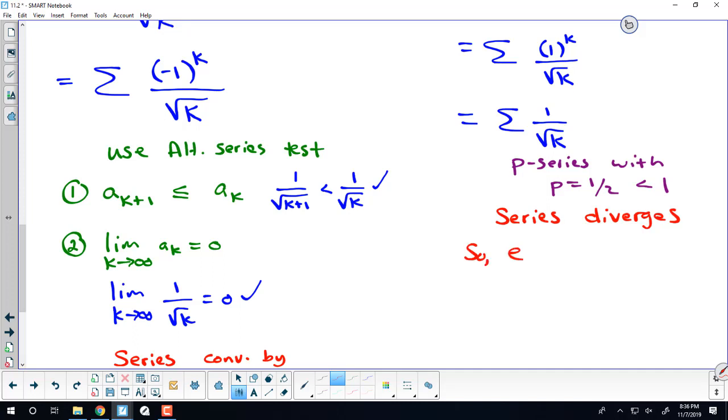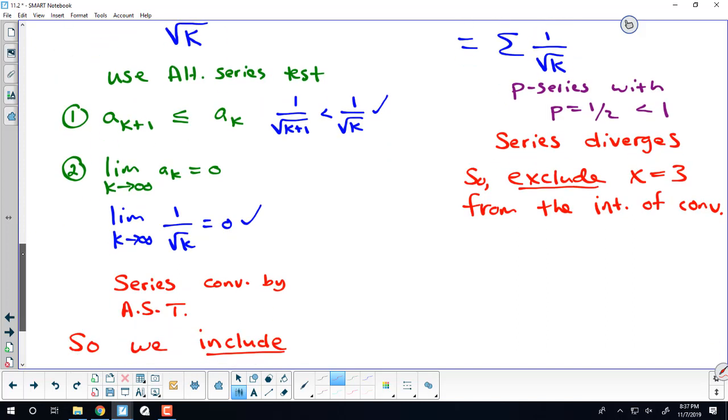So we exclude x equal to 3 from the interval of convergence. We're including one of the endpoints, excluding the other.